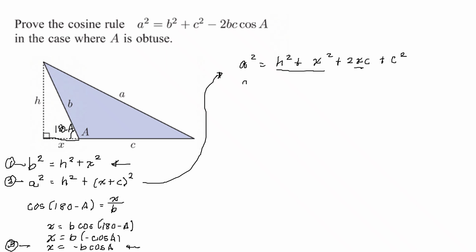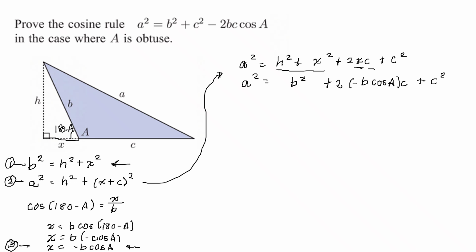So for a squared, we know from equation 1 that h squared plus x squared is b squared. And this is 2, what is x? x is negative b cosine A, and c, plus c squared.